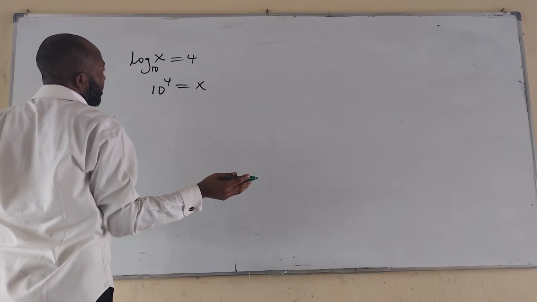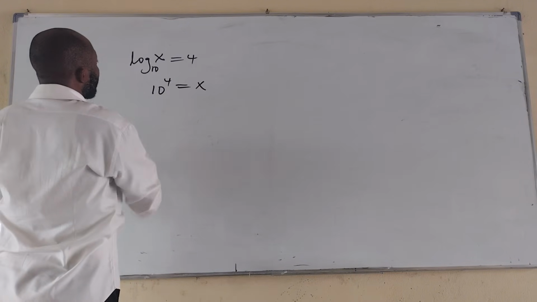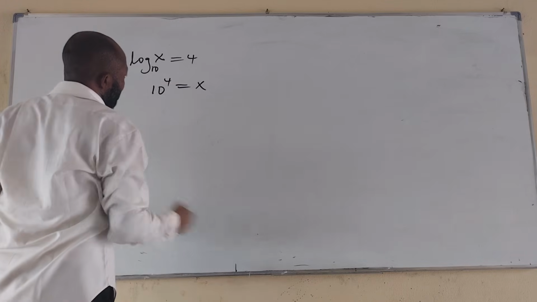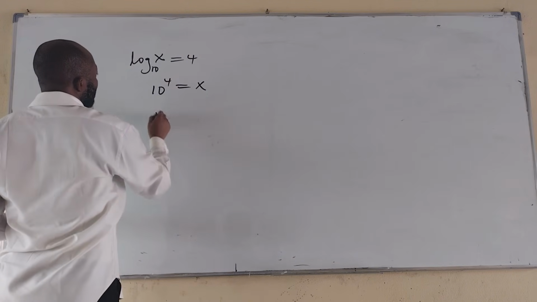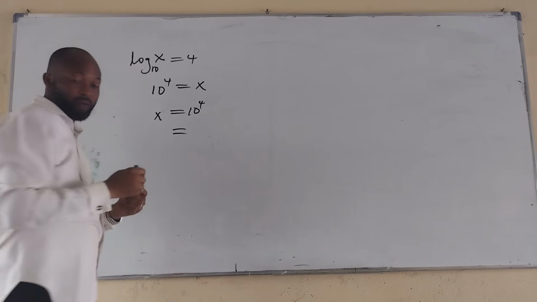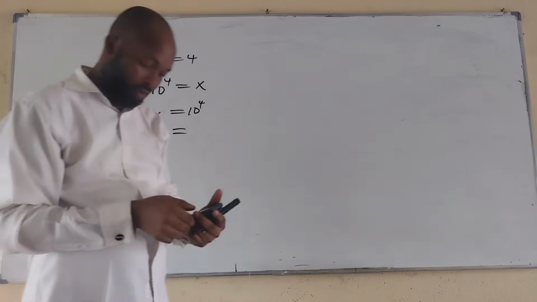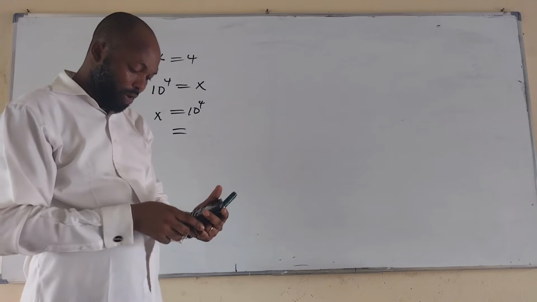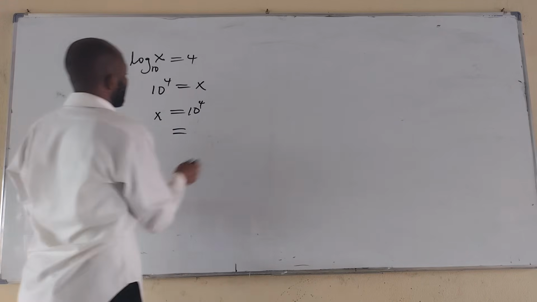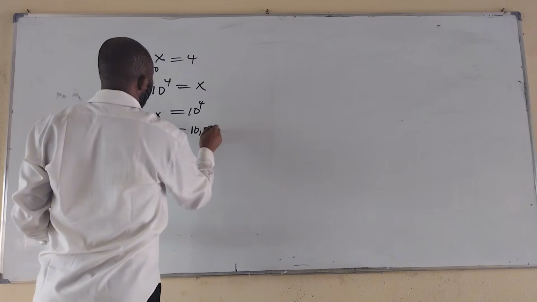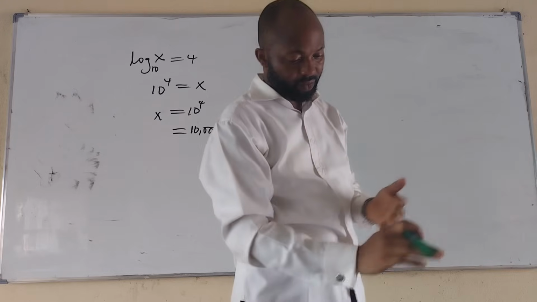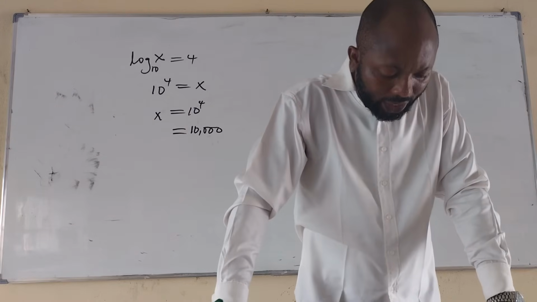And 10 raised to the power 4 is what? That's a big number. 10 raised to the power 4 is 10,000. Now let's take another one.